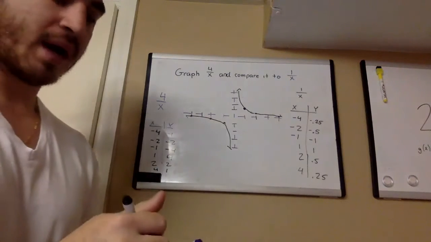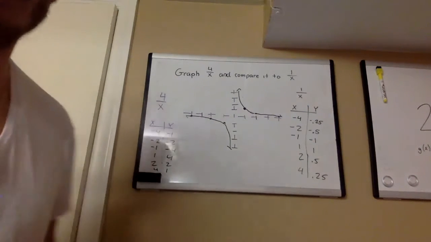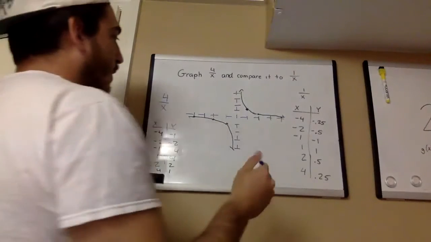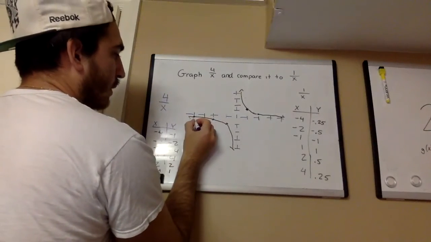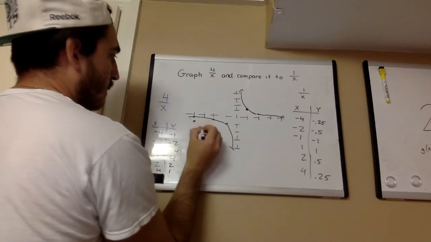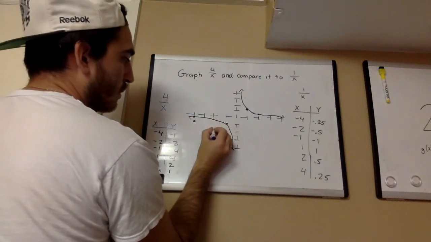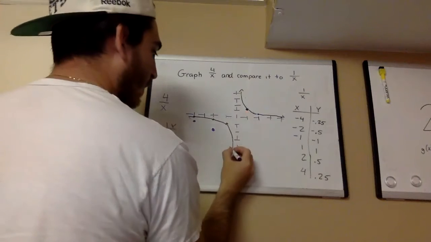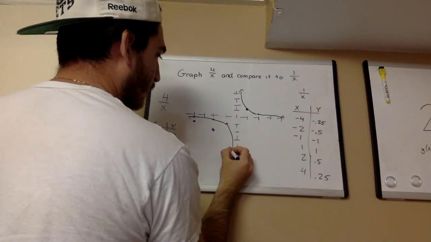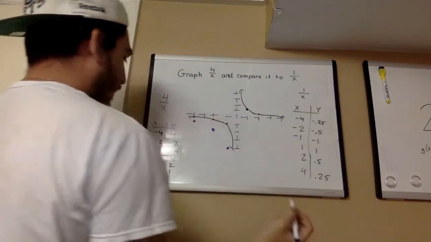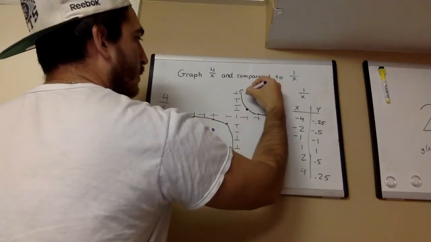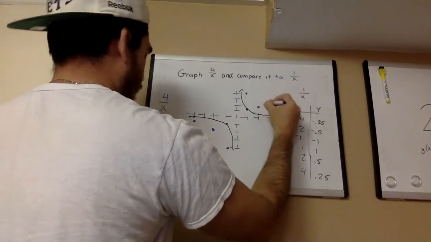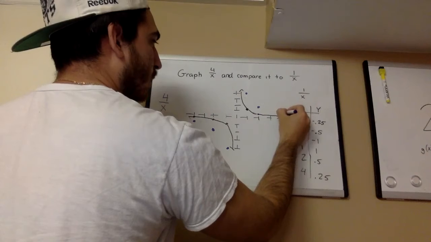Once I have that, I am now going to plot my points. Let's start from the top. We got (-4, -1), so (-4, -1) is here. (-2, -2) is about here. And then (-1, -4) is about here. Then we have (1, 4), (2, 2), and then (4, 1).